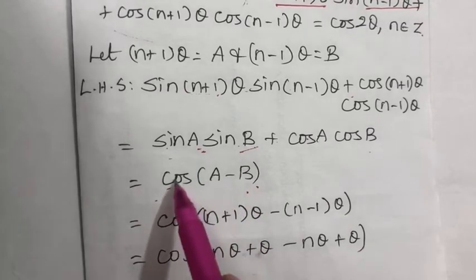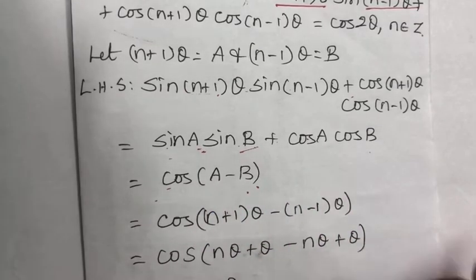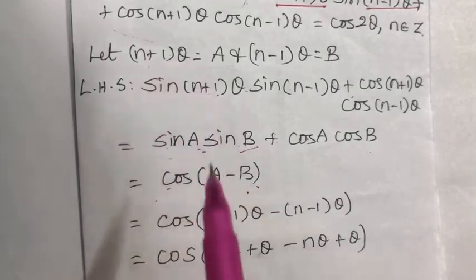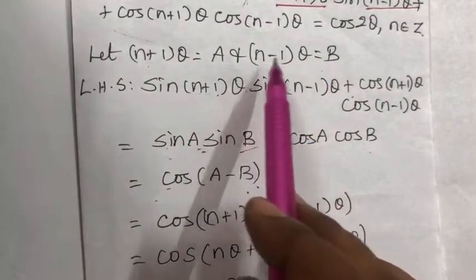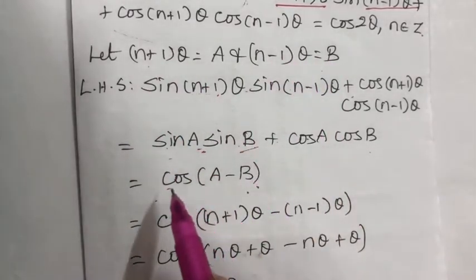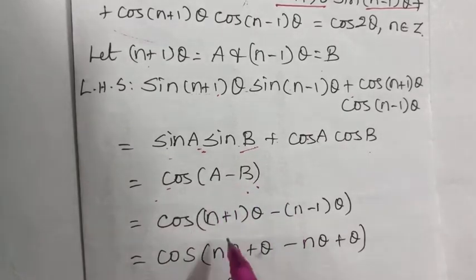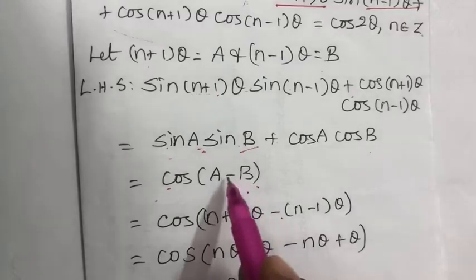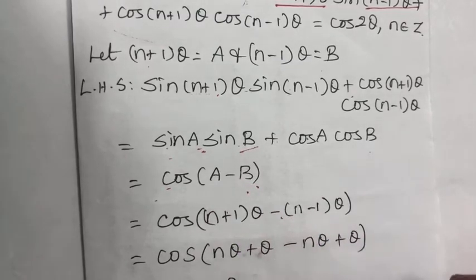Now cos (A minus B). What is our A? Our A is (n plus 1) into theta. Our B is (n minus 1) into theta. So cos (A minus B) means cos ((n plus 1) theta minus (n minus 1) theta).